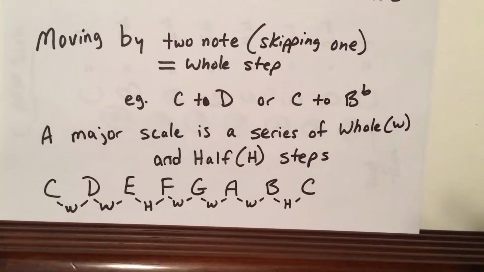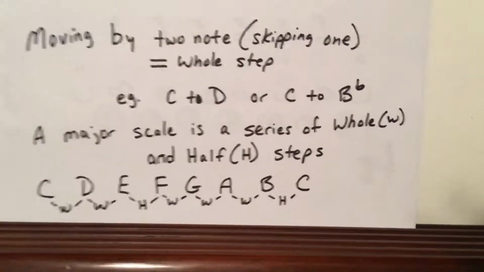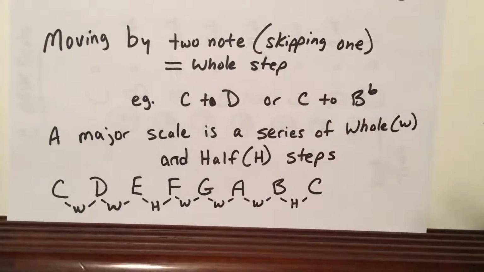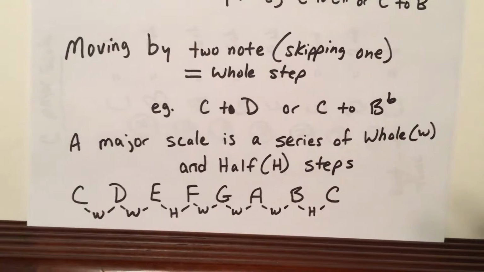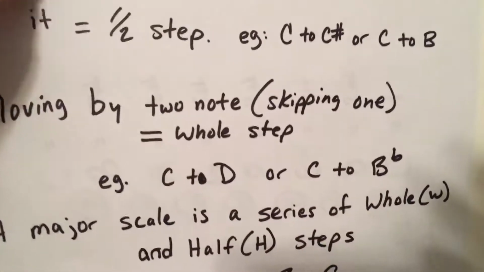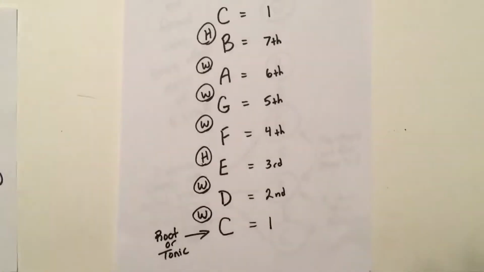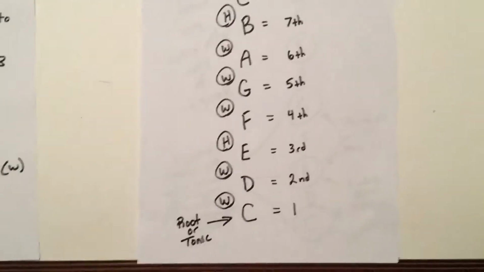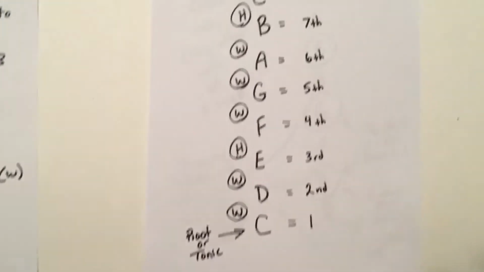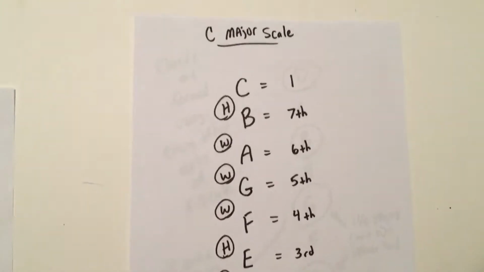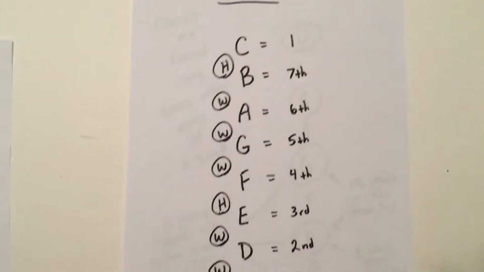Whole, half, whole, half. Your major scale consists of 7 tones, and here we can see the whole half sequence in the major scale.